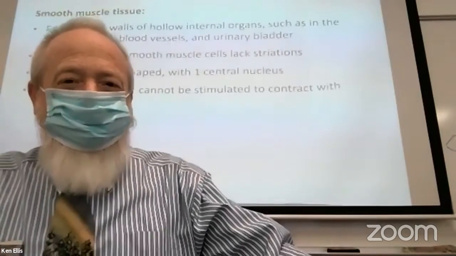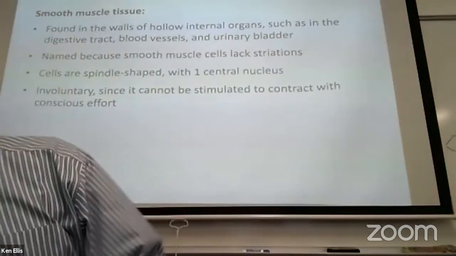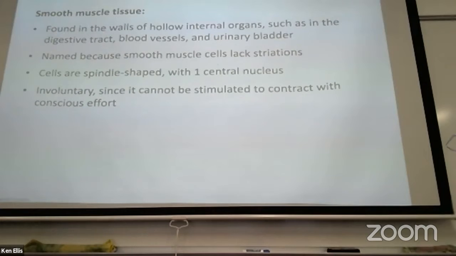Here we go. The next one's a little bit different. It's still muscle, but this time it's smooth muscle. Now, get this. Found in the walls of hollow internal organs. That would be your esophagus, your stomach, your intestines, ducts, tubes, all arteries, all veins, all those sorts of things.